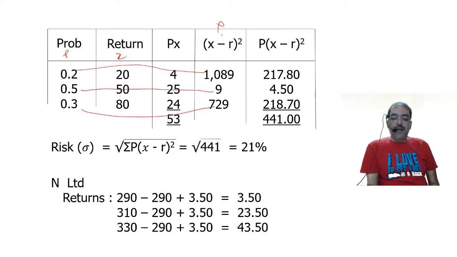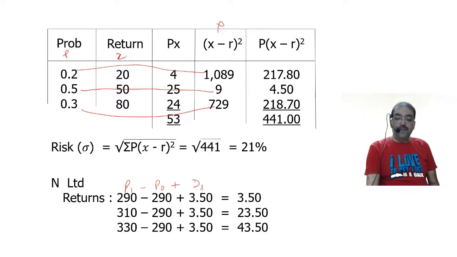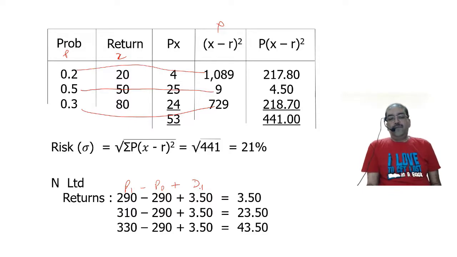In the same way I will do it for N Limited also. P1 minus P0 plus D1. Dividend is 3.5. Done. So you get the returns of N Limited.